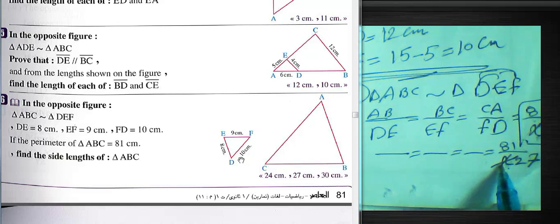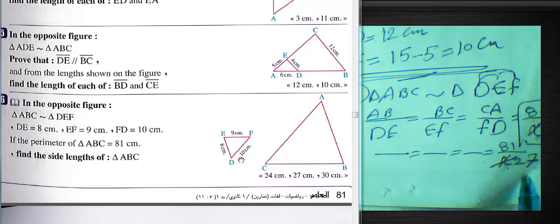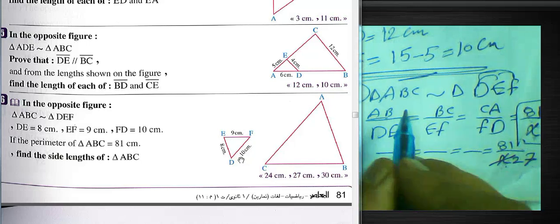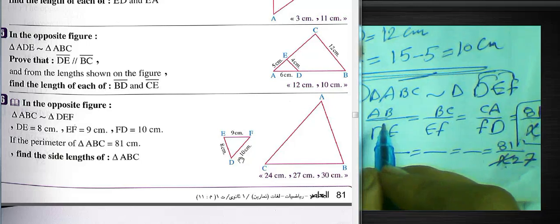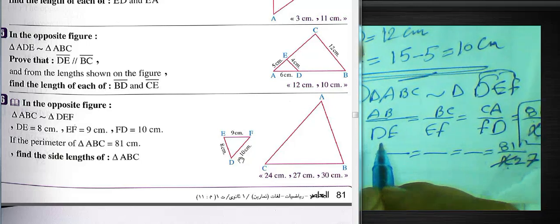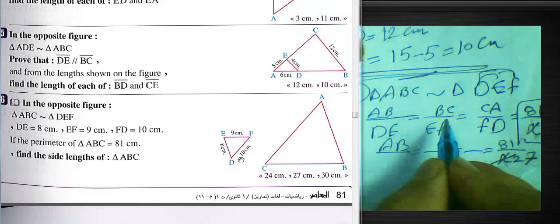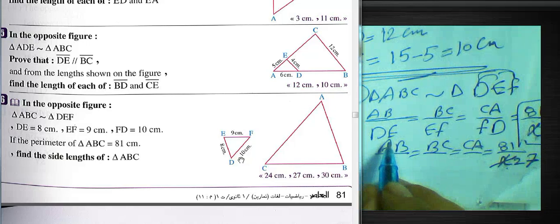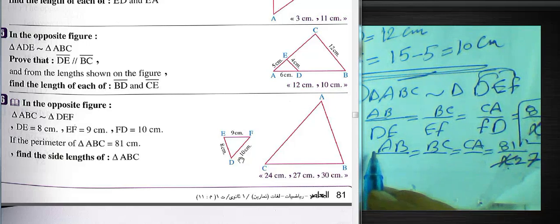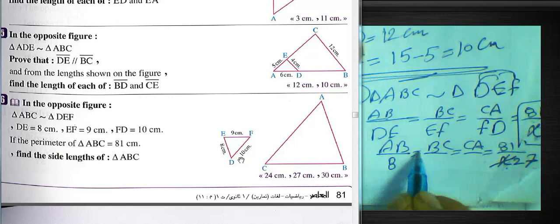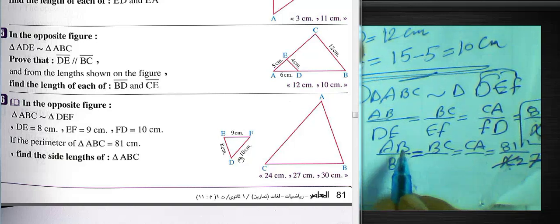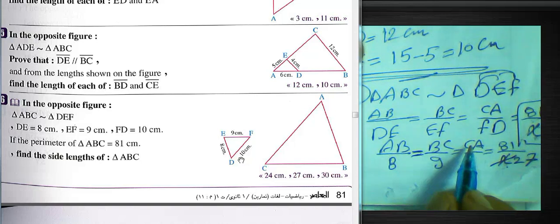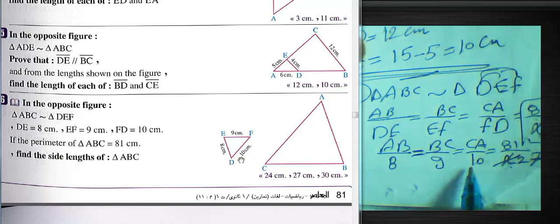The perimeter of this triangle equals 9 plus 10 plus 8 equals 27, and we have length AB we don't know, BC we don't know, CA we don't know, DE equal 8 centimeter, EF 9, FD equal 10. It's okay.